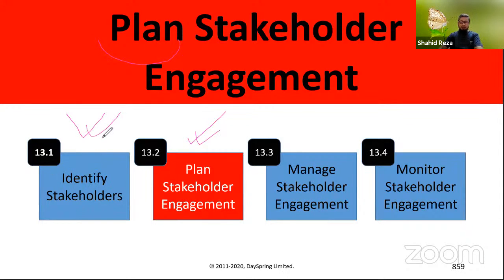All the stakeholders are already in the stakeholder register and their expectations are also captured there. Now we will create a plan for each stakeholder: how do we engage them throughout the project, at different places and different times, as and when required. In different situations, as a project manager and project management team, I also need to involve the stakeholders. That we'll do in plan stakeholder engagement.